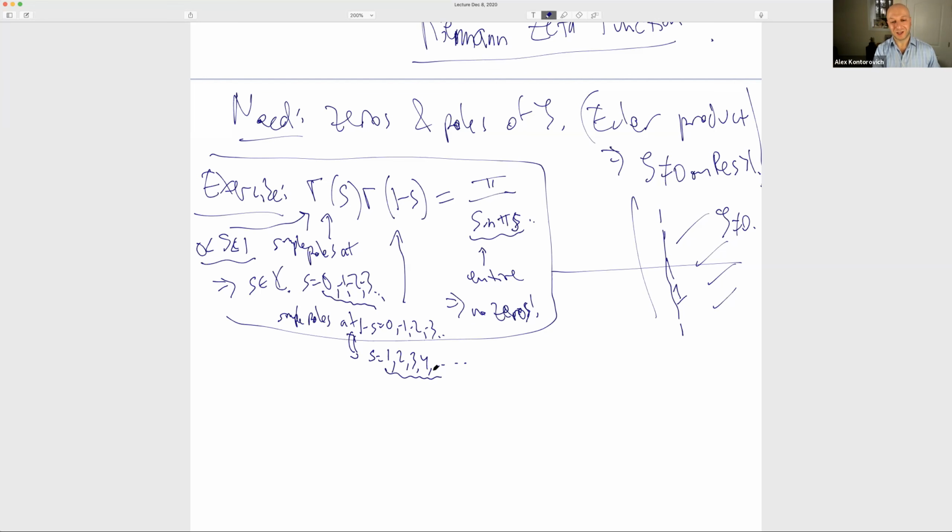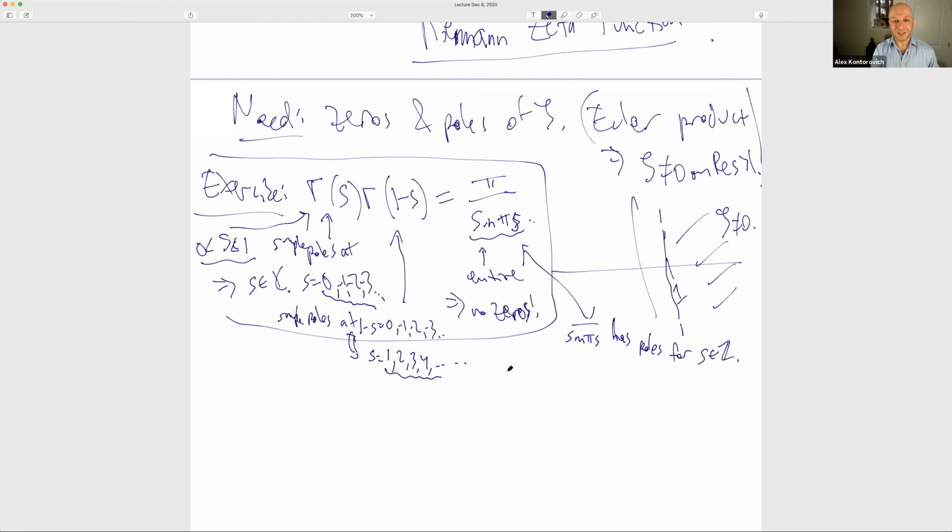These poles give us the positive integers, and that's all the poles, because that's exactly where sine vanishes. This is where 1 over sine of pi s has poles for s in Z, which are perfectly complemented by the gammas.